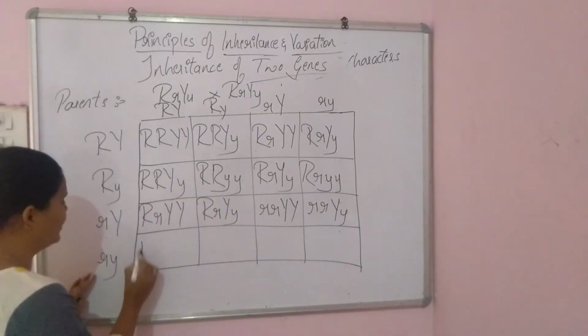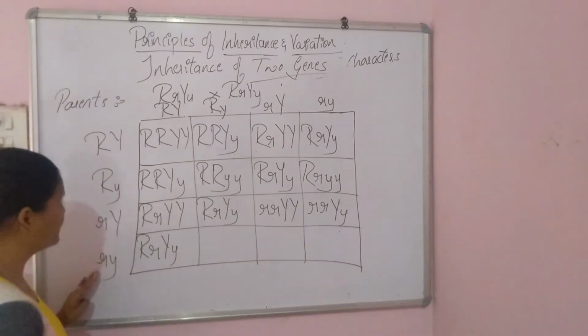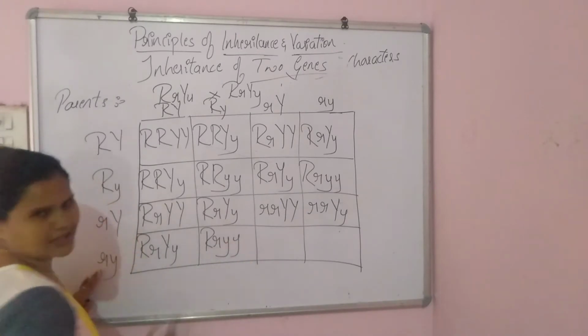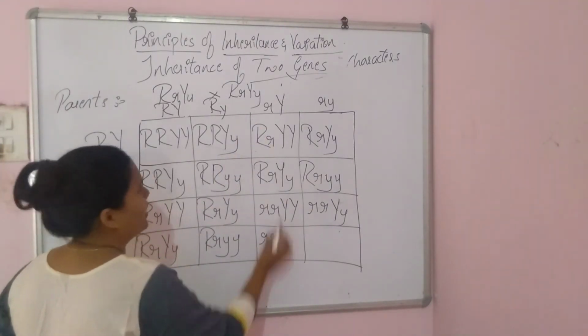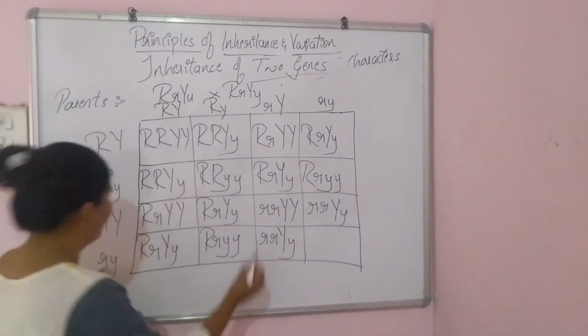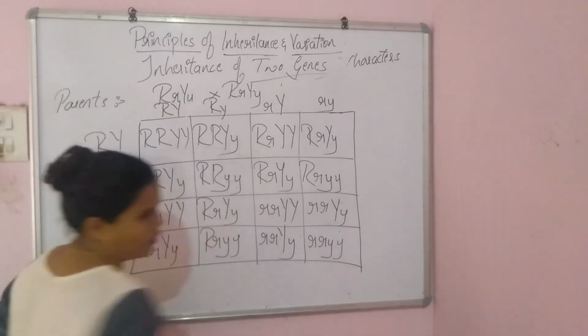Again here, the capital R, small r, capital Y, small y. Here, the capital R, small y, small y. Again here, the small r, but the capital Y, here the small y. Here, the small r, small y, small y.